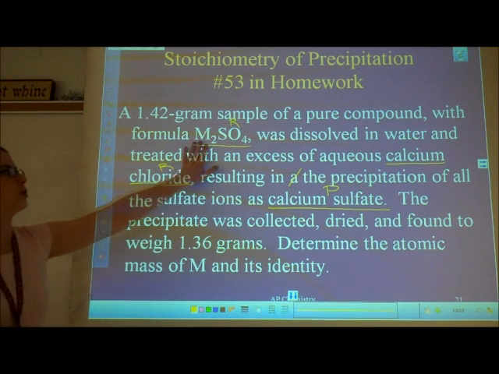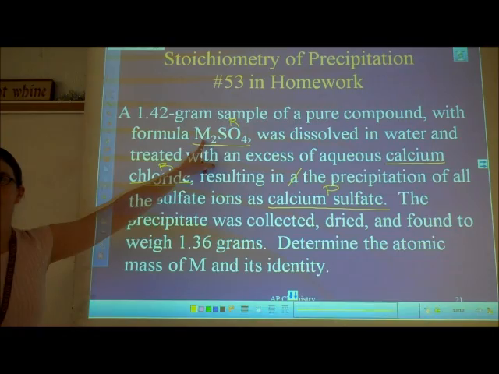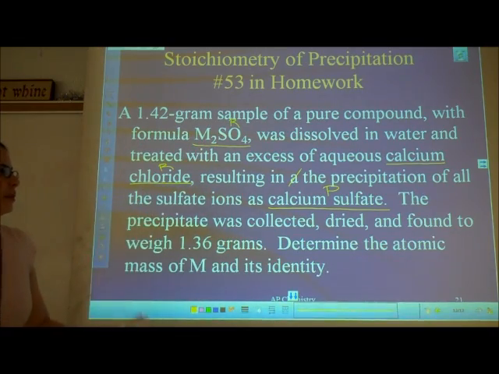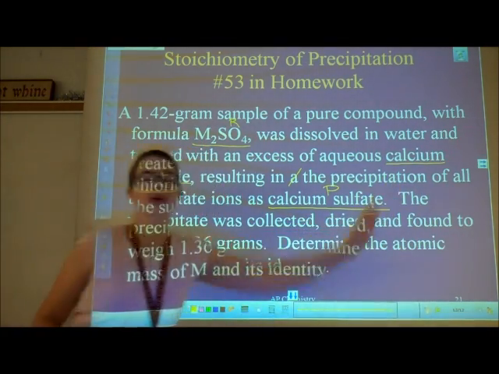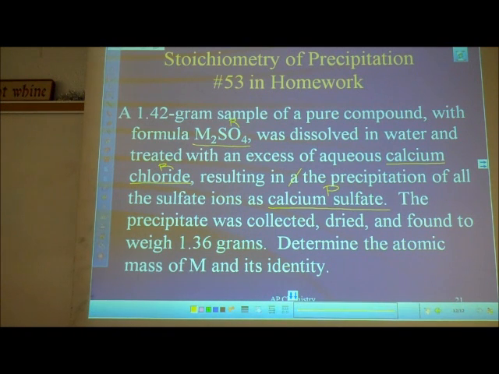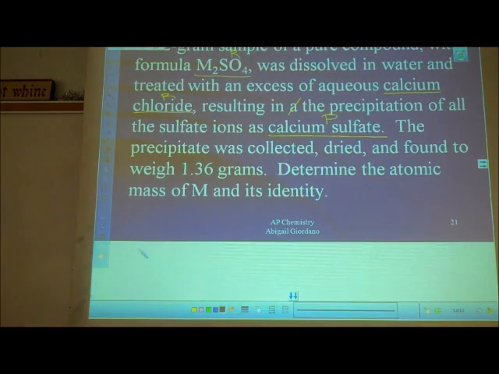Now I realize you don't know what M is, but you have enough information, stopping right here, that you can write a balanced equation. Do it. And then stop, and we'll continue. What's the other product?